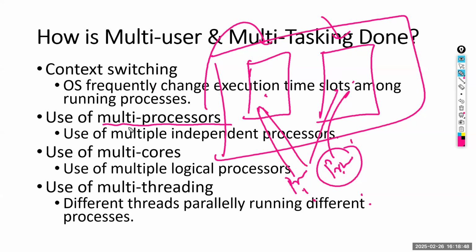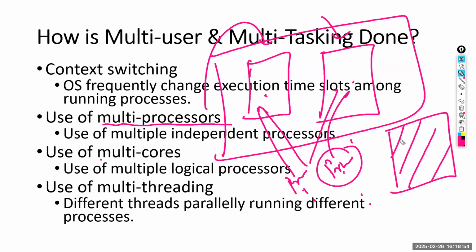Another option is you have physically one processor chip in the motherboard, but that one processor can behave logically as multiple cores. Dual core means two cores, quad core is four cores, octa core is eight cores.